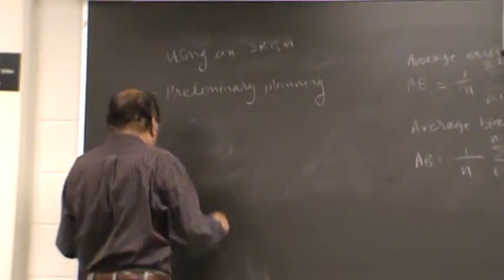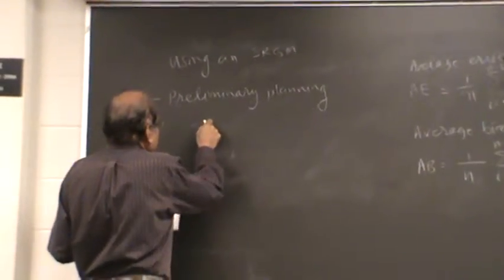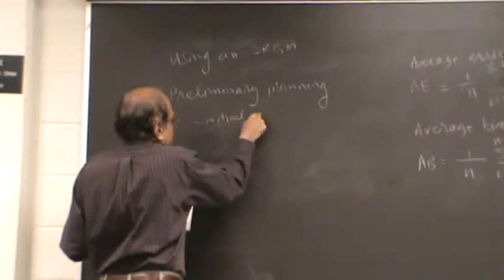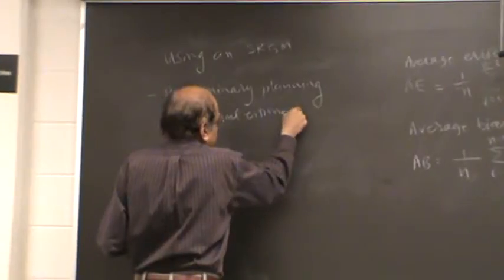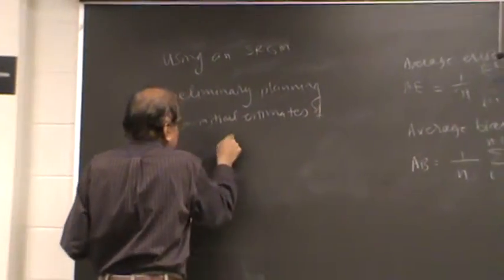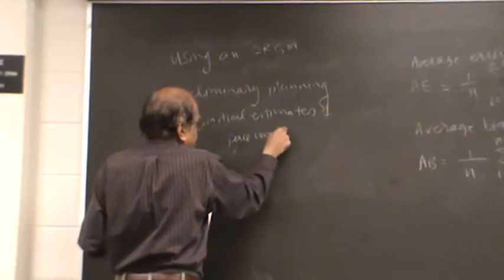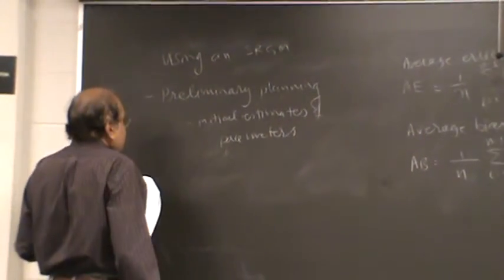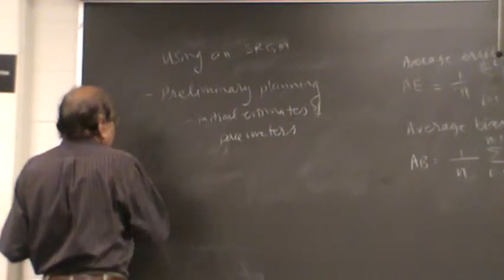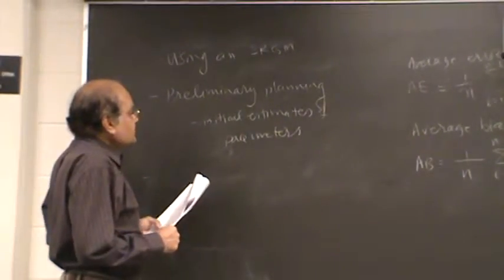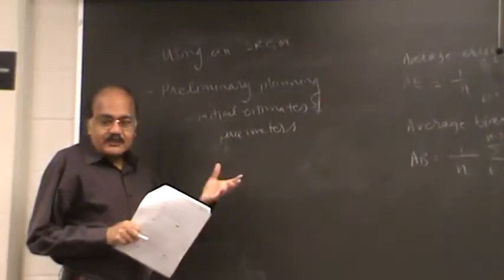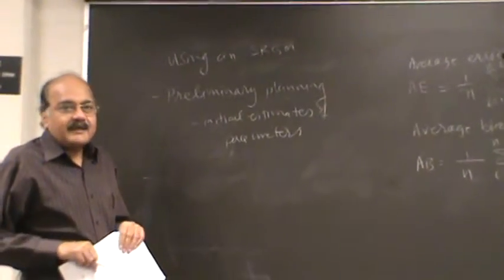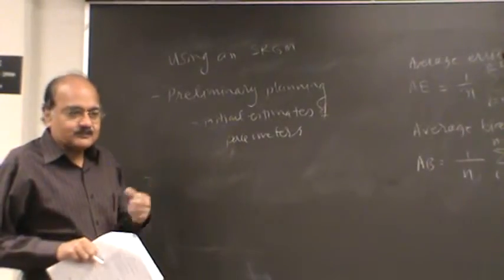And so you get some initial estimates of parameters. Let us say that there's some software and we have some rough idea of the size of the software and some of the static metrics.